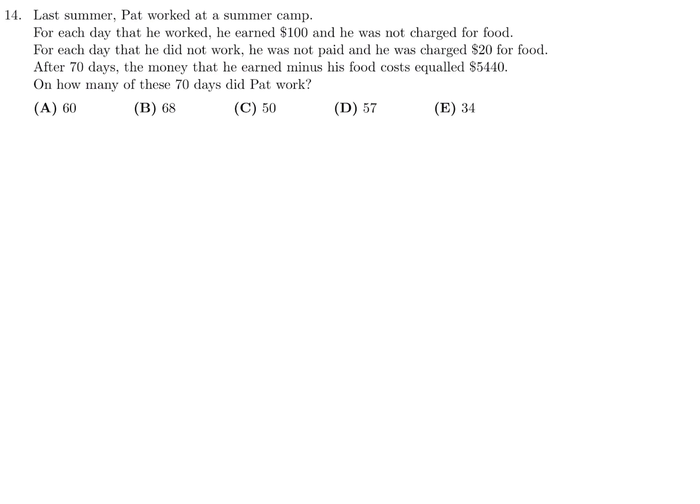Well, 70 days. Certain days he worked, certain days he did not work. So we'll say that x represents the number of days he worked, and 70 minus x represents the days he had no work. So the days he works, he gets $100. So 100 times x is how much money he makes.